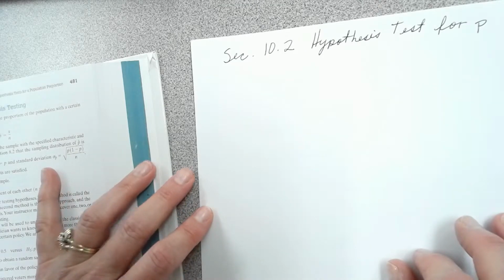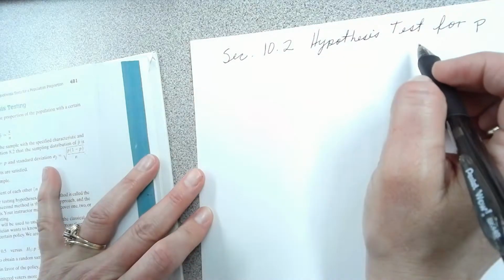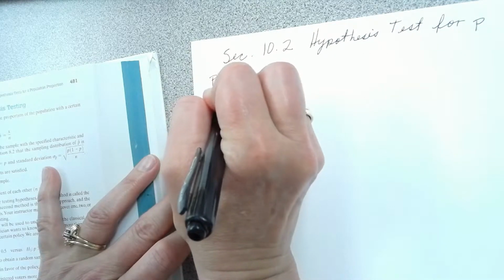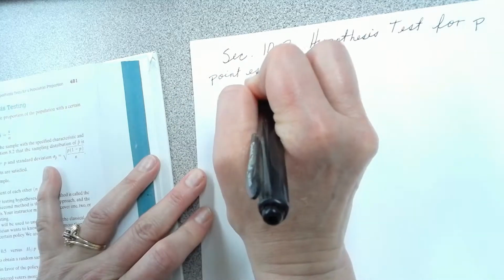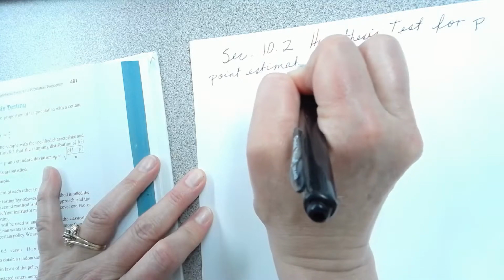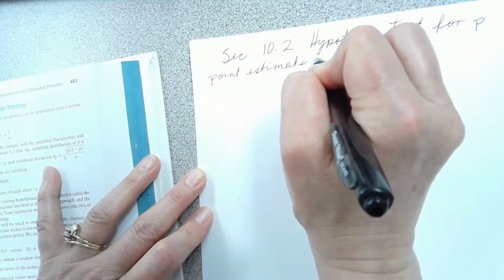All right, so remember we said that the point estimate for P is what? That's the sample proportion, which is P hat. And how do we find P hat?